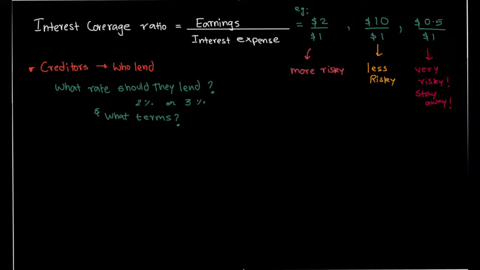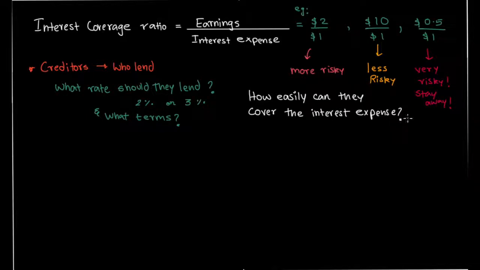If you're going to put a percent on their interest expense, what percent would you put them on? Your main question here is, how easily can they cover their interest expense? They have to pay interest expenses monthly, so how easily can they cover them? The first firm can cover decently, but they do possess a certain risk, so let's give them 2%.